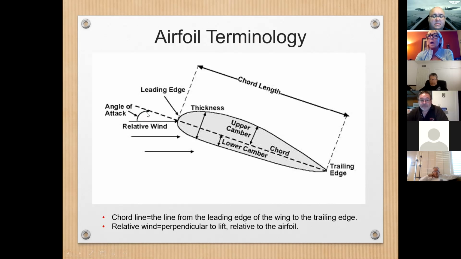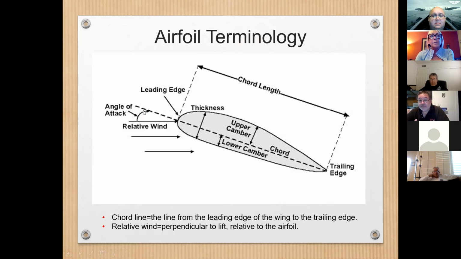And the angle of attack is how much you're climbing or descending. So you could have a negative angle of attack, which would be descending. You can have a neutral angle of attack, which would be straight and level. And you can have a positive angle of attack. And that's what we see here. And this is a climb.